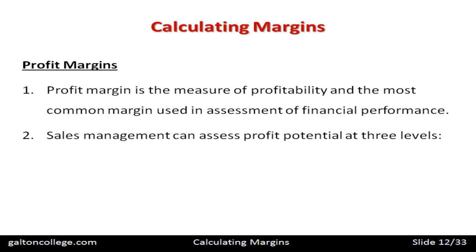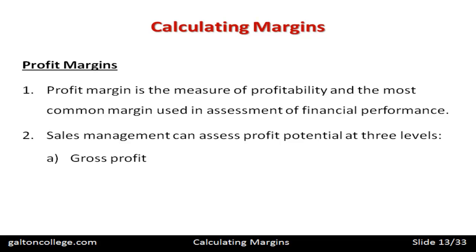Sales management can assess profit potential at three levels. So our simple expression of talking about margins has suddenly got a little bit more complicated. Now we have three different types I've just mentioned, and now we're operating at three different levels as well.